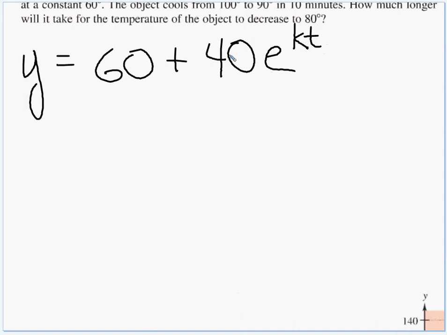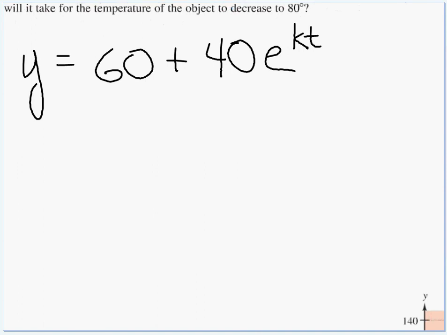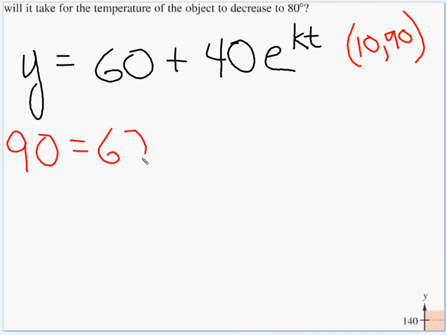So now I can use my second point. 10 minutes have gone by and it's down to 90 degrees. So time is 10, temperature is 90. So 90 goes in for y: 60 plus 40 e to the 10k.